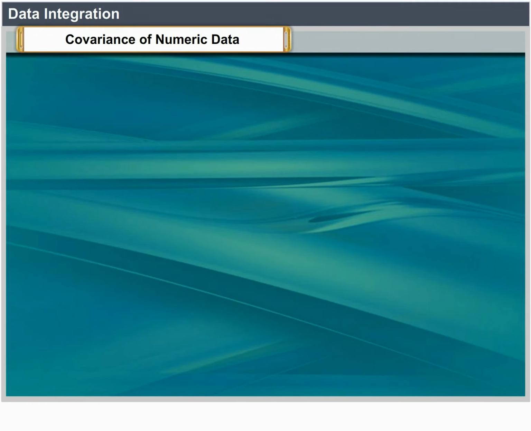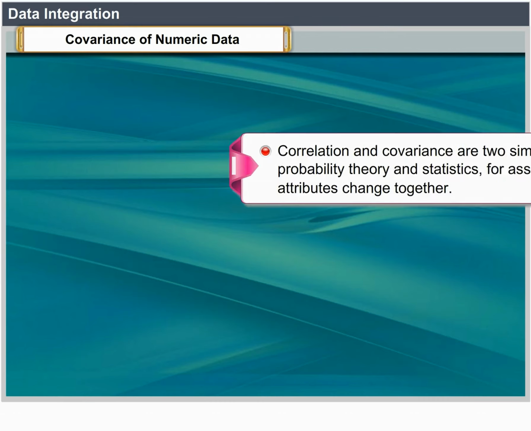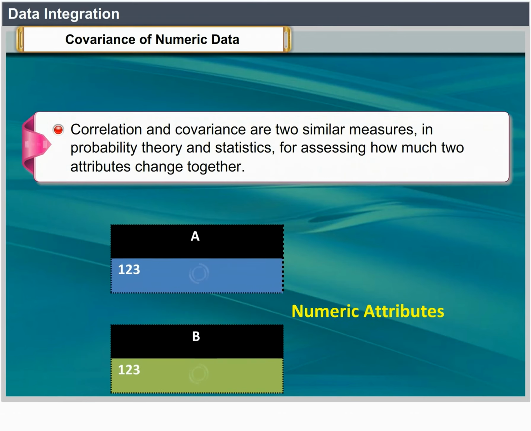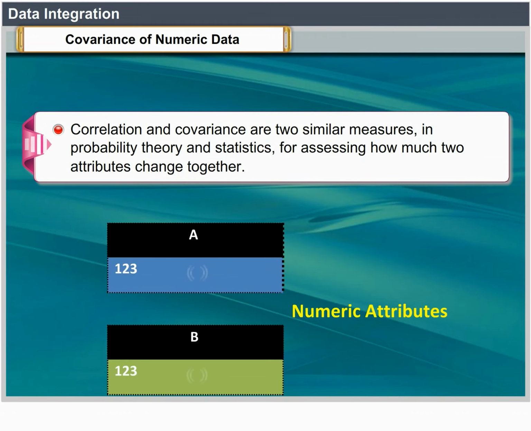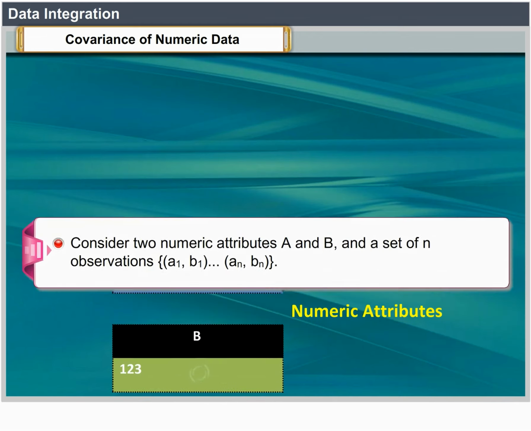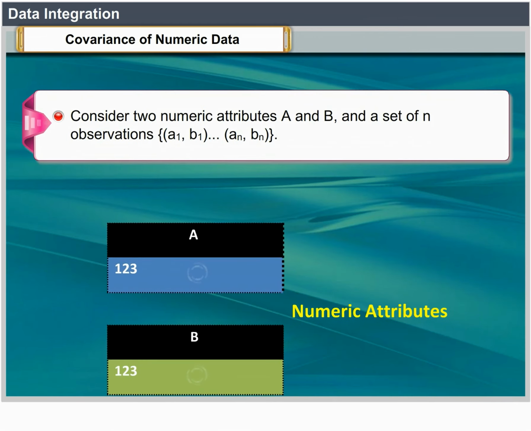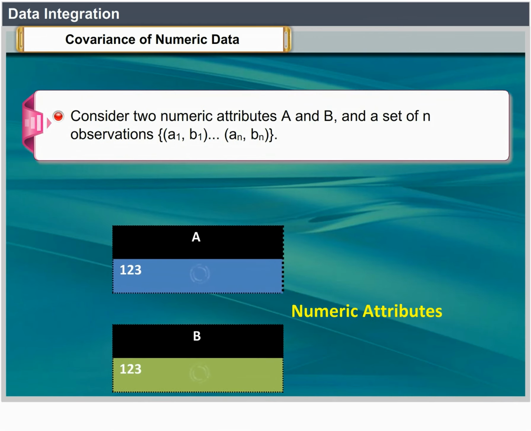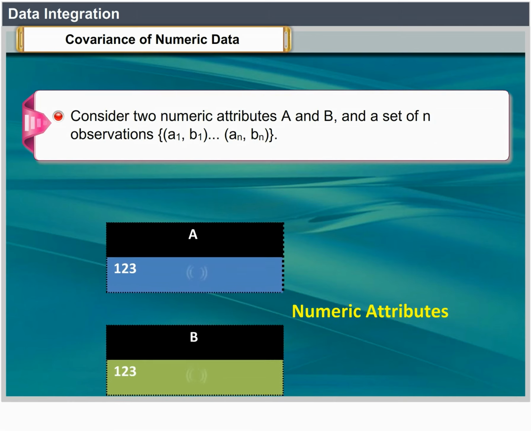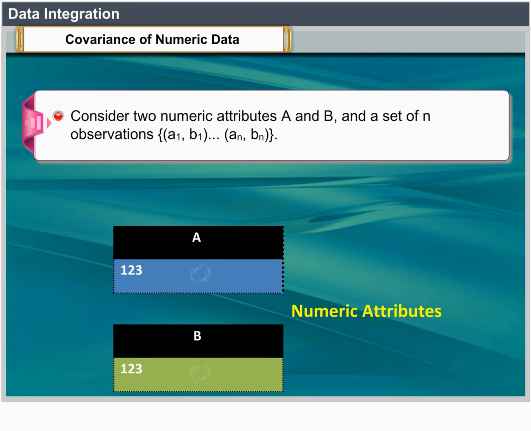Covariance of numeric data. In probability theory and statistics, correlation and covariance are two similar measures for assessing how much two attributes change together. Consider two numeric attributes A and B and a set of n observations (a1, b1) going up to (an, bn).